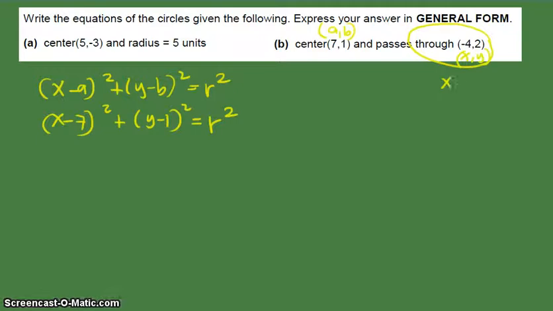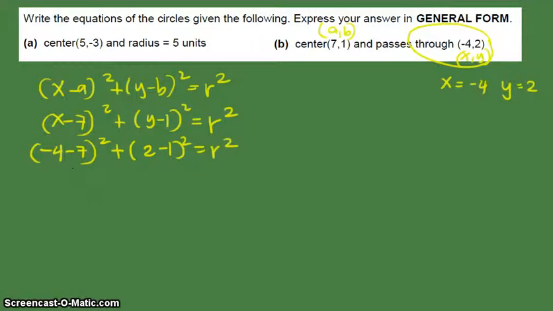So this means for this circle, when x is -4, the y is 2. So if I make x = -4, we have (-4 - 7)² + (2 - 1)² = r². Notice that this will become a number, so that means we can solve for the value of r.